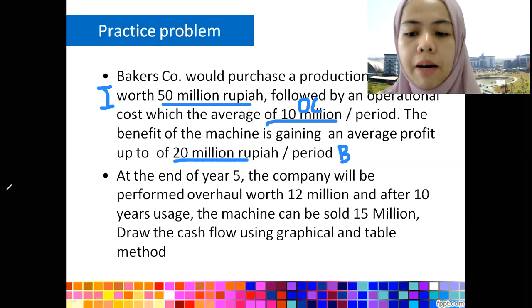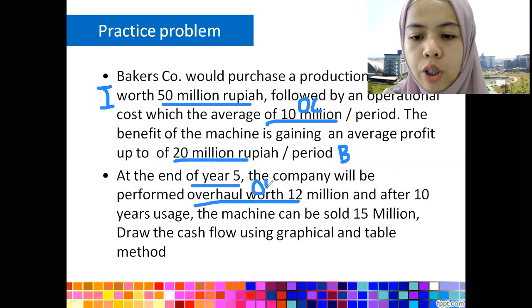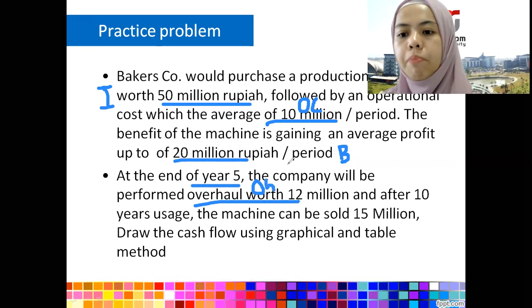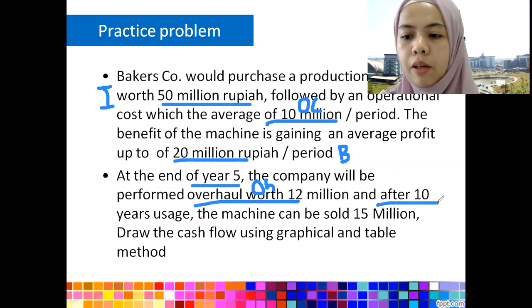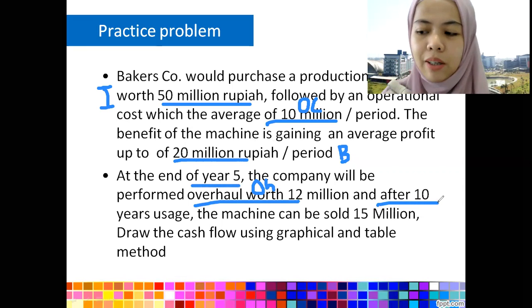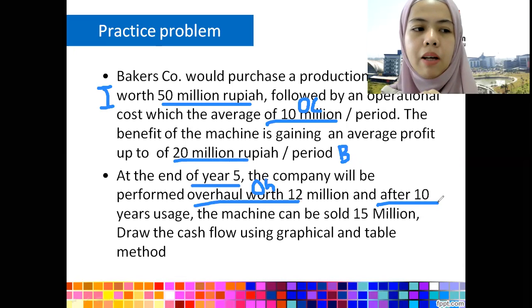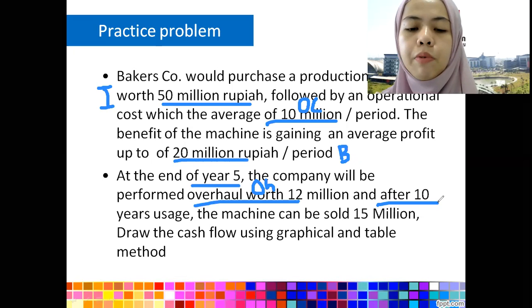At the end of year 5, the company will perform overhaul costs. You can put the code OH, worth 12 million rupiah. After 10 years of usage, we can draw the lines up to 10, maybe with a dot that represents the elapsing time, up to 10 years.